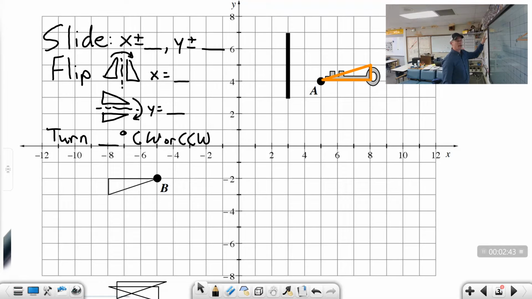You can slide: x plus or minus, where plus is to the right and minus is to the left; y plus is up, y minus is down. You could flip. If you're doing a side-to-side flip, you need to tell me x equals a number. If you're doing a top-to-bottom flip, you need to tell me y equals a number. And last of all, a turn: you have to tell me how many degrees, clockwise or counterclockwise.